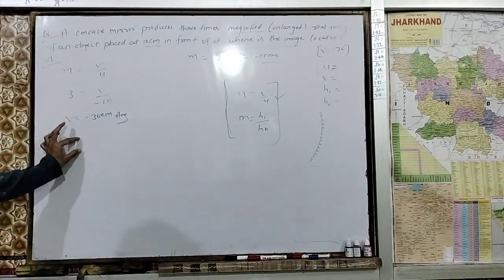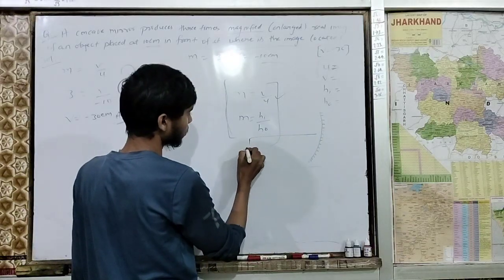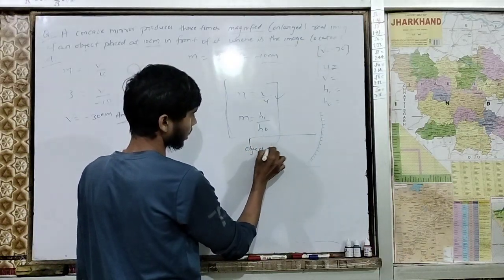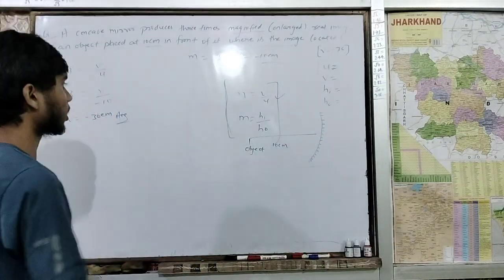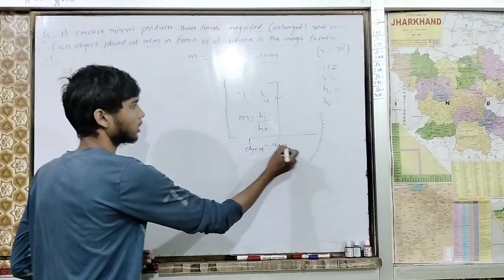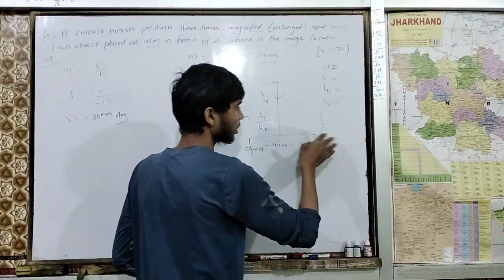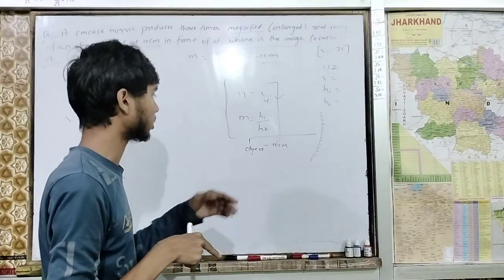So if the object is over here, this is the object at 10 centimeter, it is forming a real image. This image is not being formed inside the concave mirror.